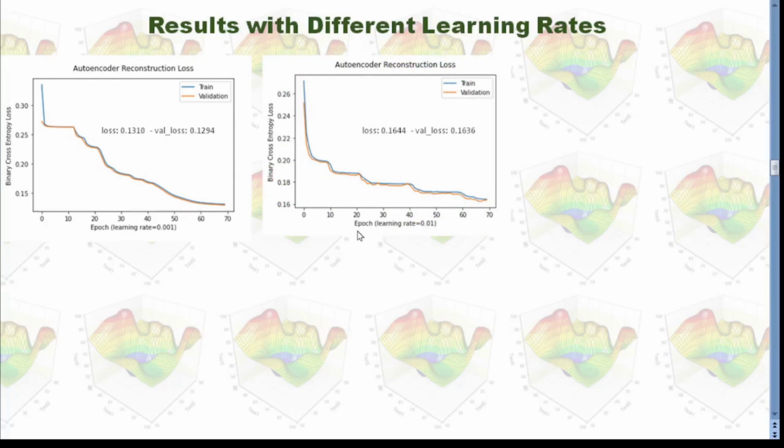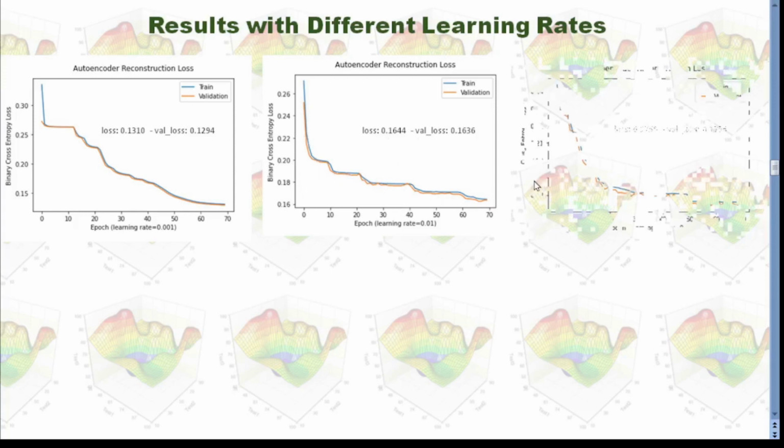If we have learning rate 0.01, it is 10 times larger than this one, you can see the value from the loss function for both training set and validation set became larger. That means it's getting worse.